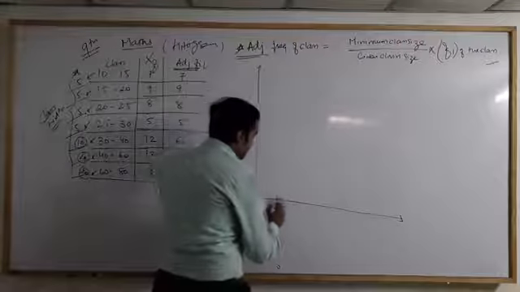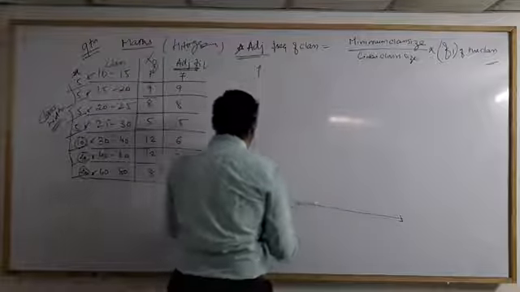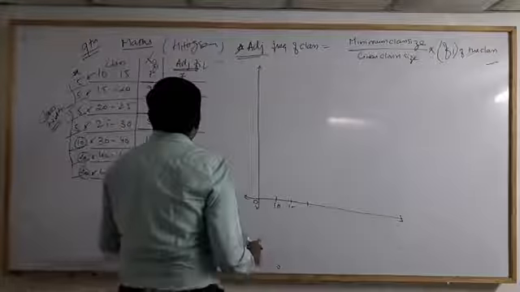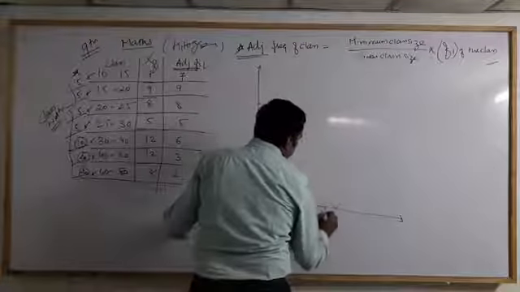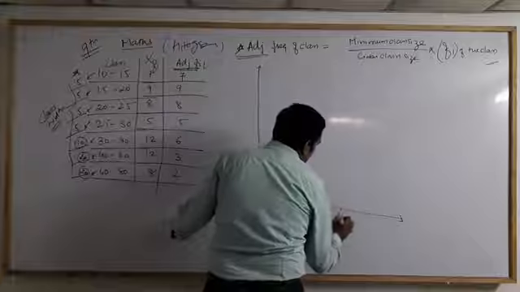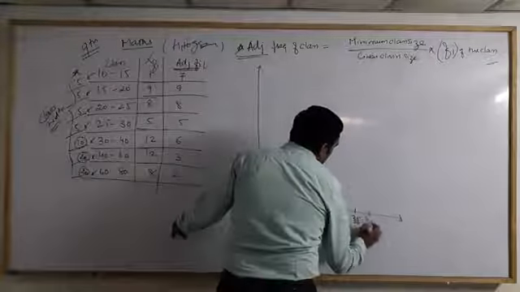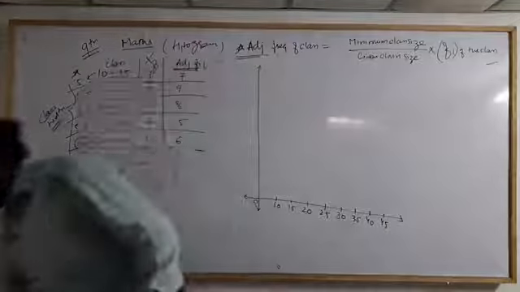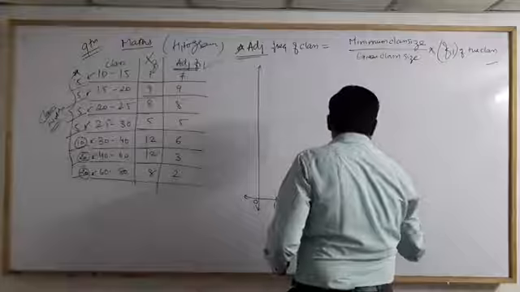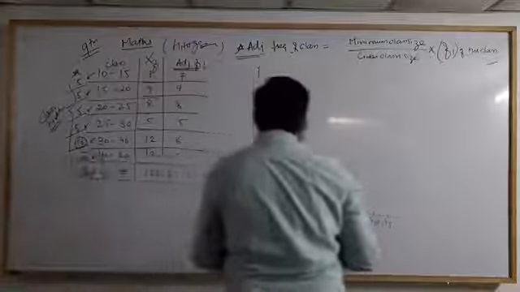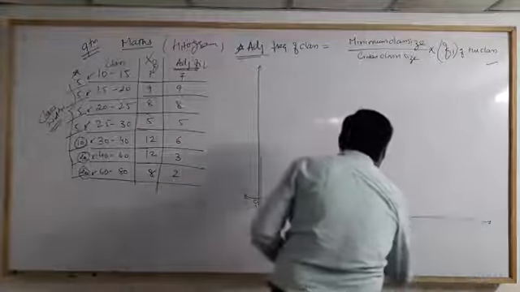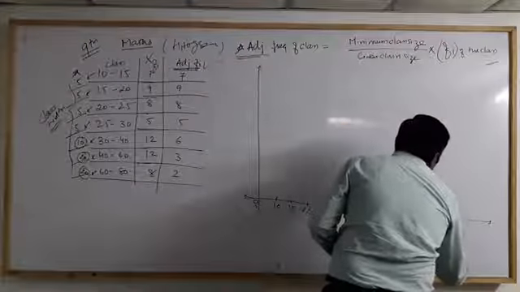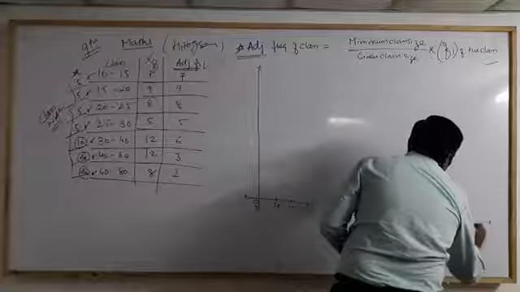So 0 to 10, 10 to 15, 15 to 20, 20 to 25, 25 to 30, 30 to 35, 35 to 40, 40 to 45, 45 to 50, 50 to 55, 55 to 60, 60 to 65, 65 to 70, 70 to 75, 75 to 80.